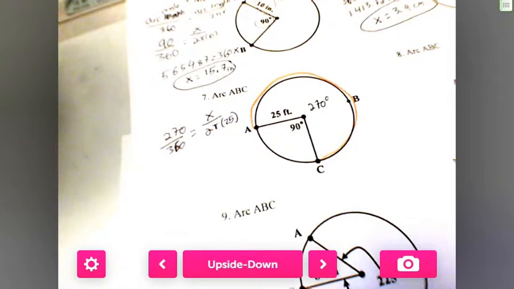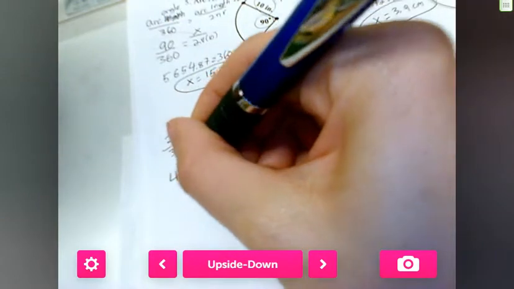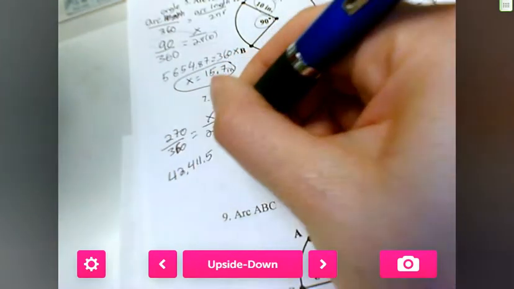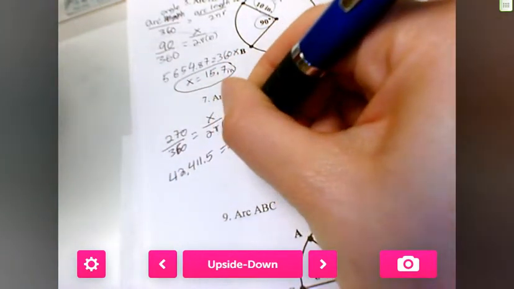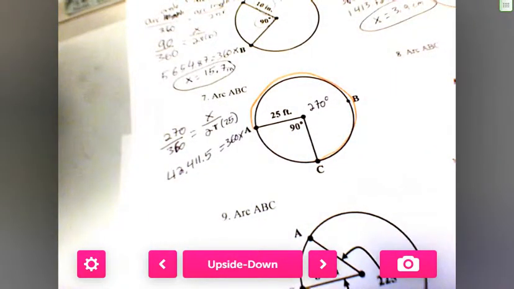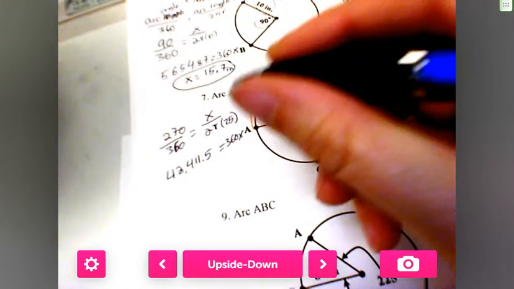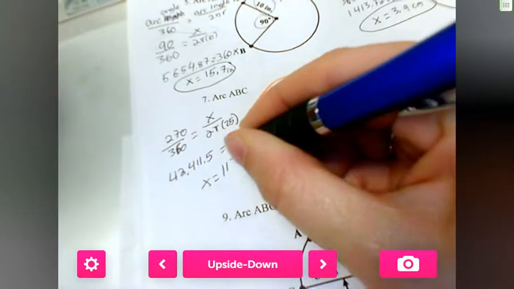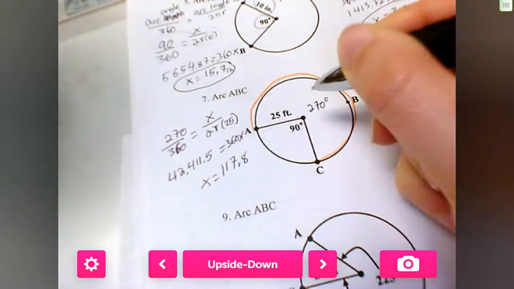So I got 270 by going 360 minus 90. So I go 270 times 2 pi 25 gives me 42,411.5 equals 360x. And then I divide that by 360, and I get x equals 117.8 feet.